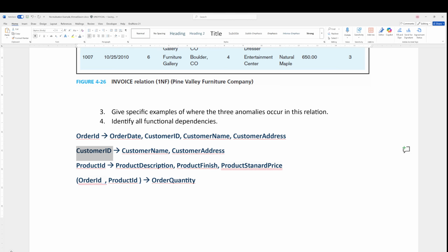In order to identify transitive dependency, it only occurs when A determines B and B determines C, but C does not depend directly on A. So order ID determines customer ID, customer ID determines customer name or customer address, but customer name and customer address are not directly depending on order ID. So this here is going to be a transitive relation.